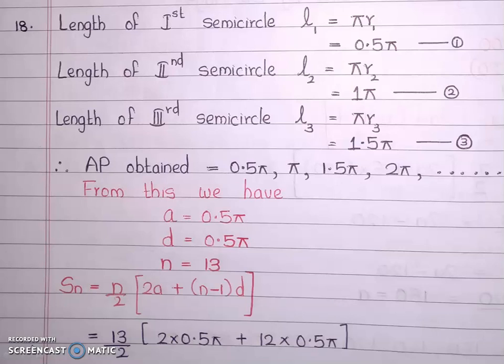What is the total length of such a spiral made up of 13 consecutive semicircles? Take pi equal to 22 by 7.